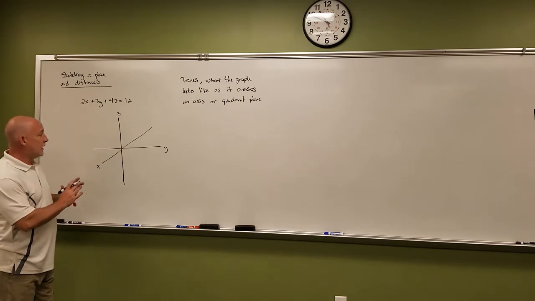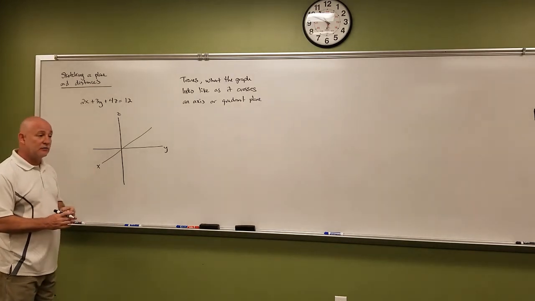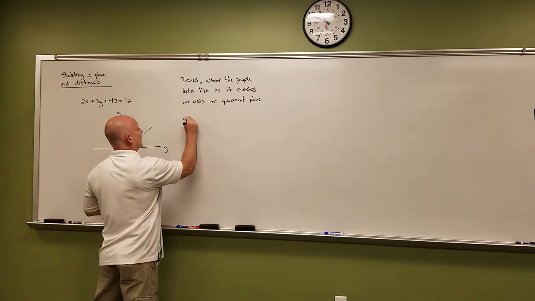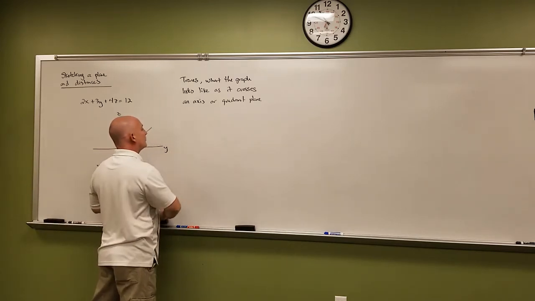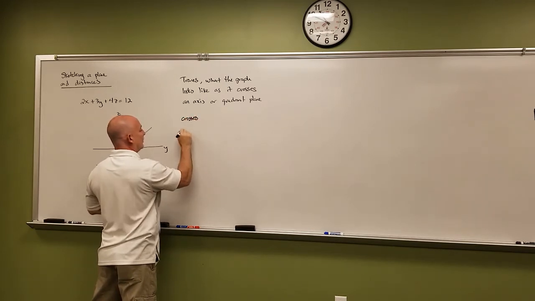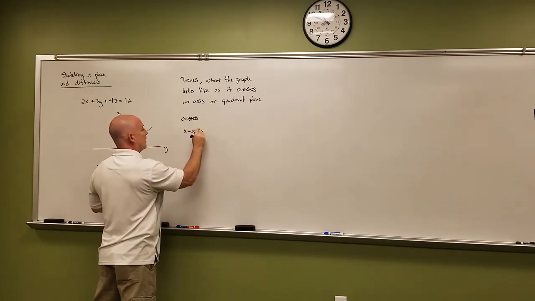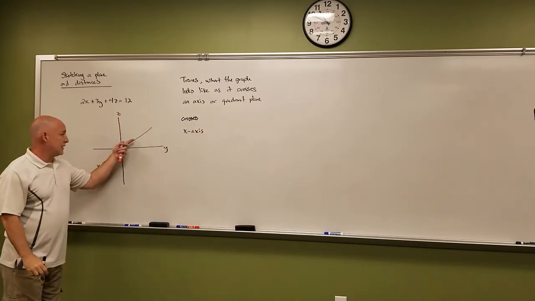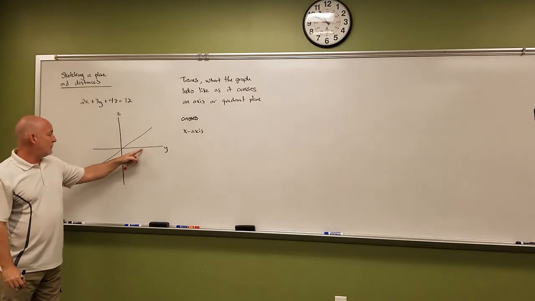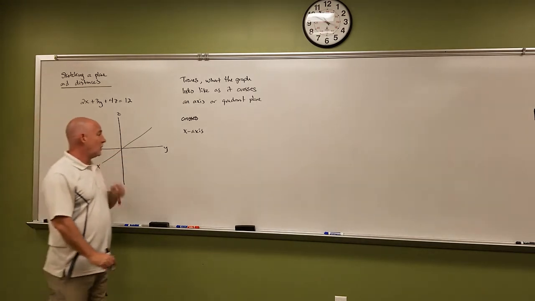Well, let's take a look at as it crosses axes first. So as it crosses the x-axis, we're going to do all 4 here. Let's say as it crosses the x-axis. Well, what do I know about every point on the x-axis? For every point on the x-axis, both the y value and the z value are 0.